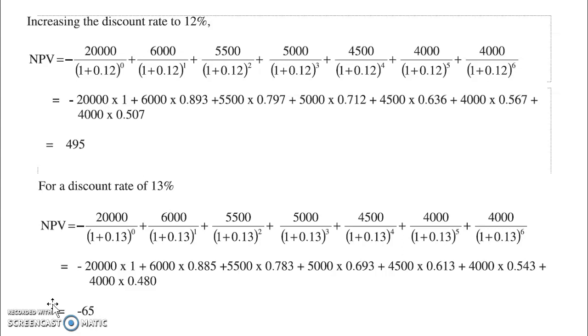It is very difficult to put decimal values for each of these iterations to find the particular discount rate at which the NPV is 0. So for that we will use interpolation. At 12% it is 495, at 13% it is minus 65. Now I am going to interpolate between the lower and higher values of the discount rate to find the discount rate where NPV is 0, which is nothing but your internal rate of return.